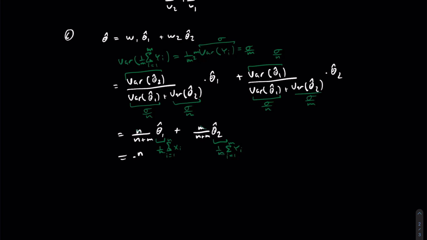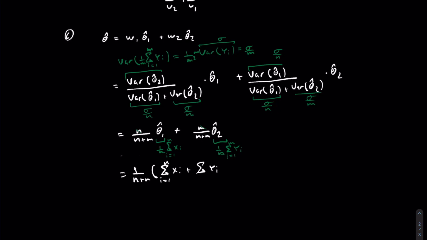Okay, and so here we can remove the m's, and so we end up with 1 over n plus m, and the random variables, sum from xi, i from 1 to n, plus sum over yj.